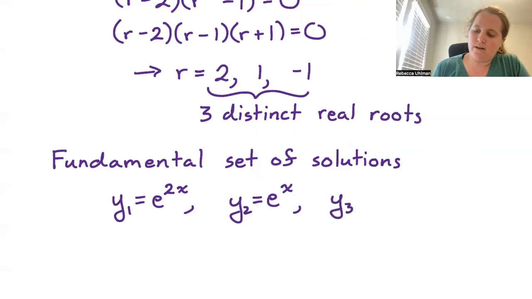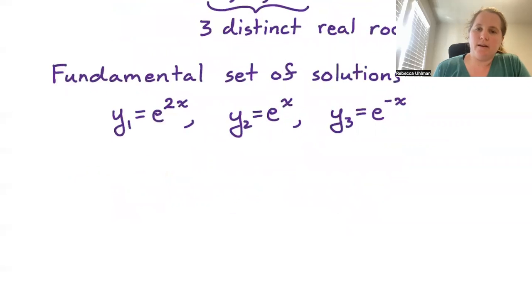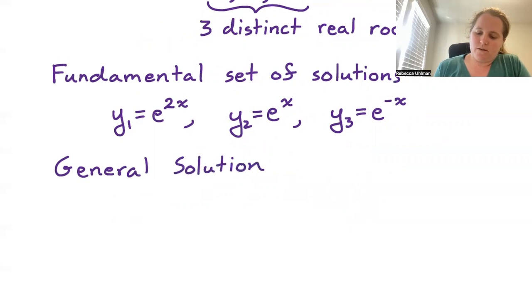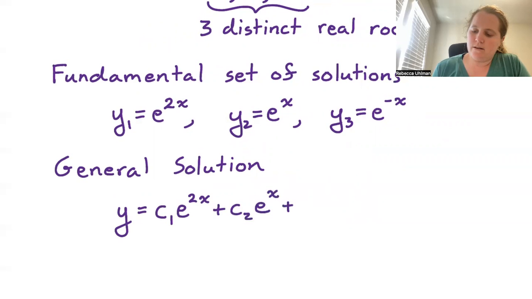And y3 is e to the negative x. And so we wind up getting there for our general solution: y is equal to c1 e to the 2x plus c2 e to the x plus c3 e to the negative x.